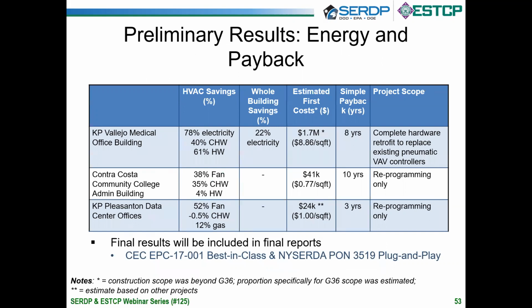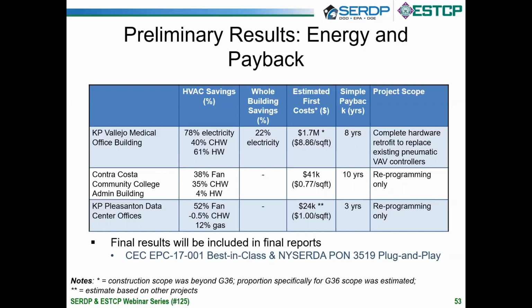I went through those three charts. That's actually the top line in this table, and then there are two other demonstration projects here. The calculation approach for the HVAC savings column here is a weather normalized annualized savings prediction. So this is annual savings for a typical meteorological weather year.